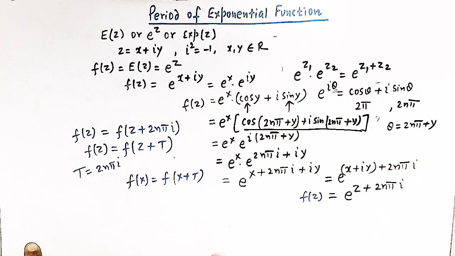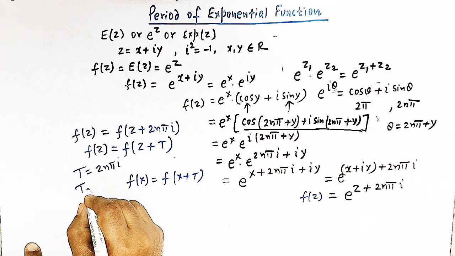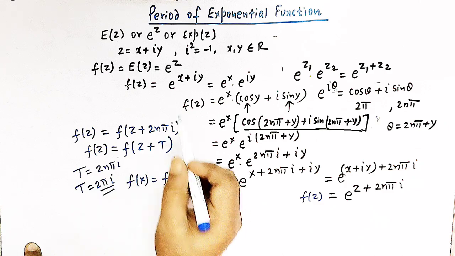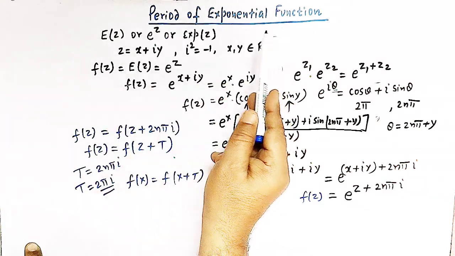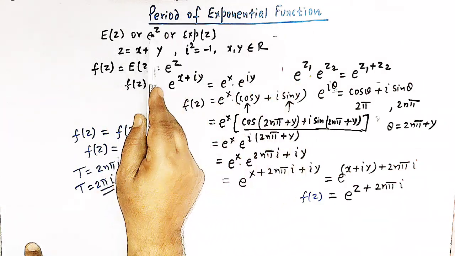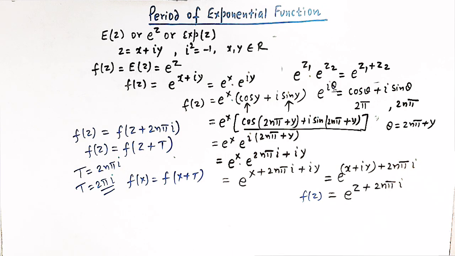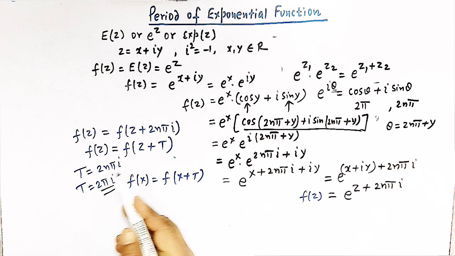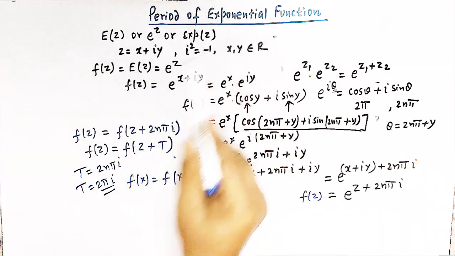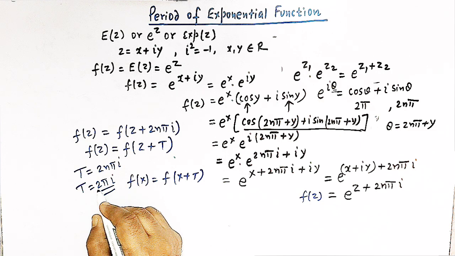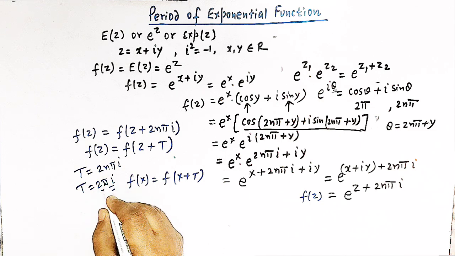And if we take n is equal to 1, then the period t is given by 2 pi i, right? So the period of the complex exponential function, that is e raised to z, where z is some complex number, the period is given by 2 pi i. So here we conclude that the period of complex exponential function is also a complex number, because 2 pi iota is a complex number.